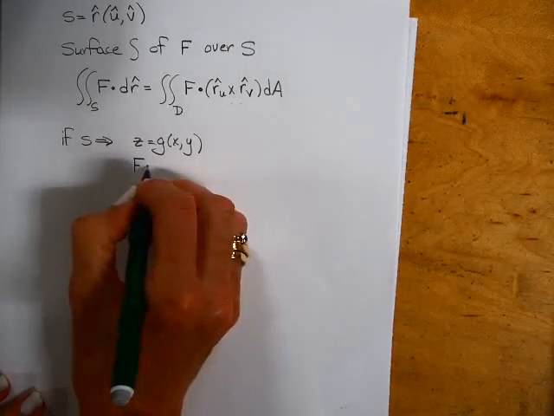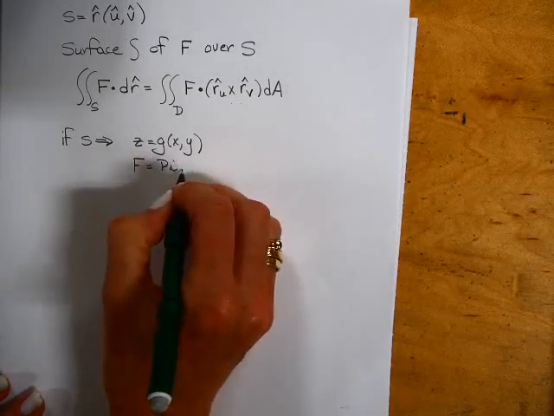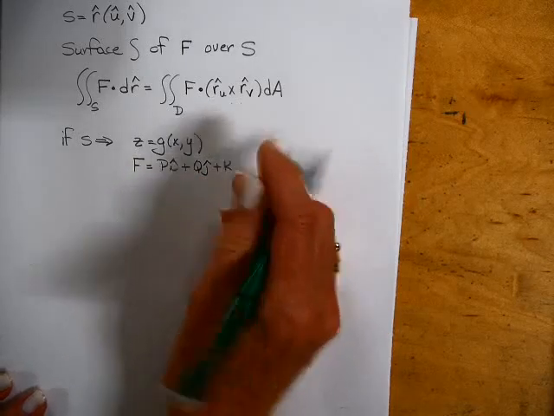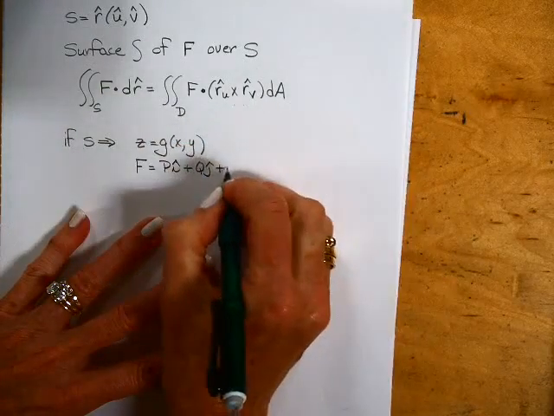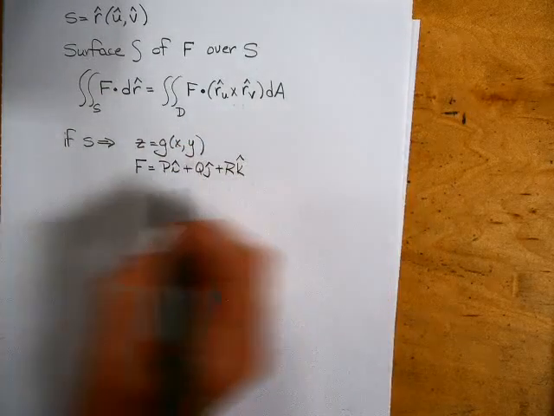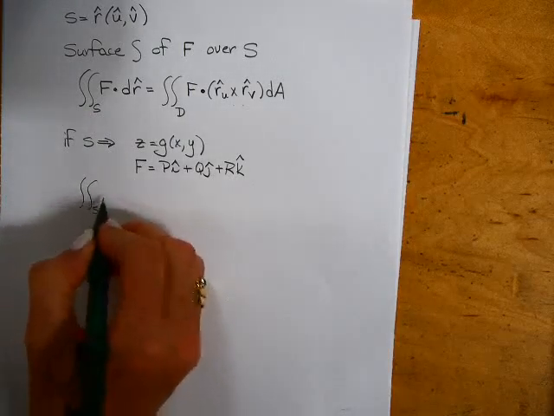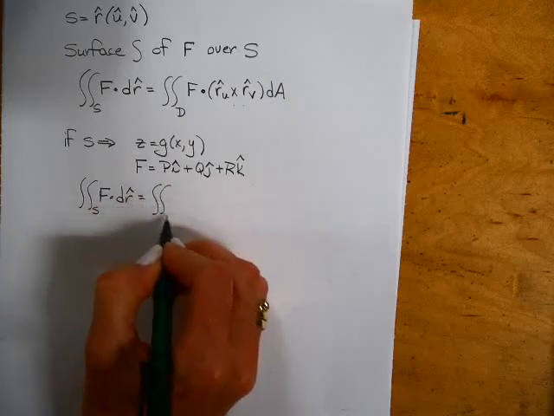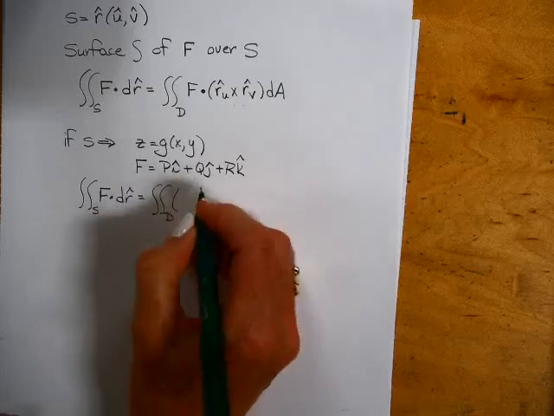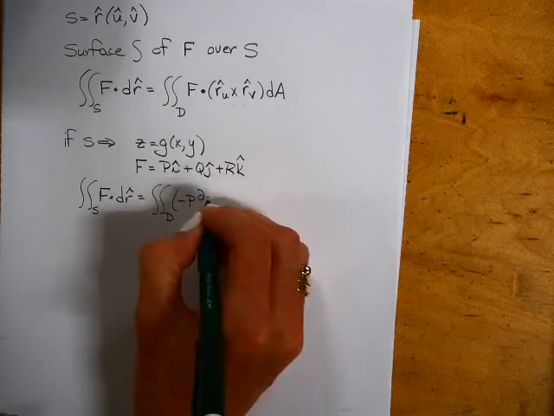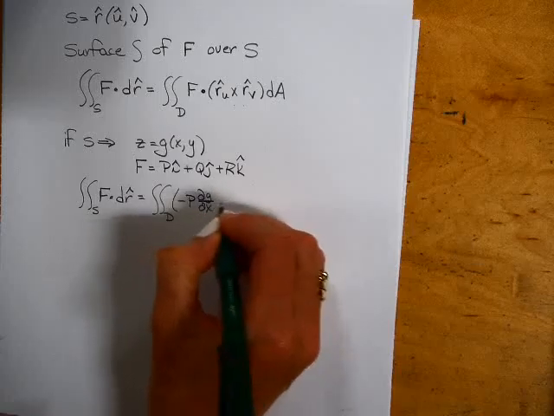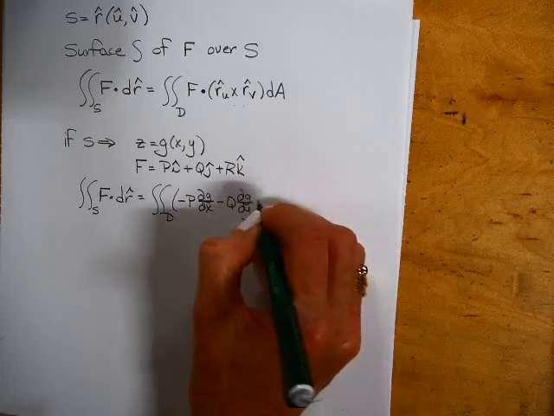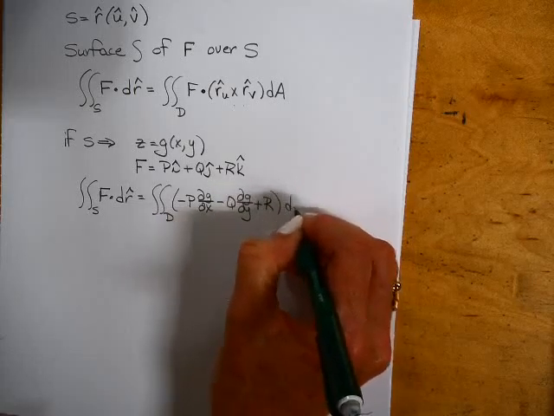And if the vector field F can be written P i hat plus Q j hat plus R k hat, then you can evaluate this double integral over the region D of negative P times the partial of g with respect to x, minus Q times the partial of g with respect to y, plus R dA.